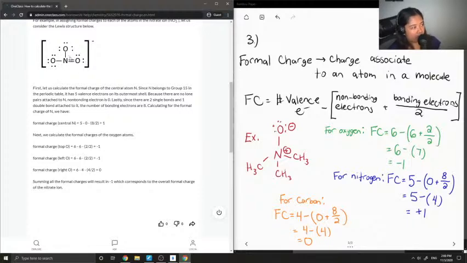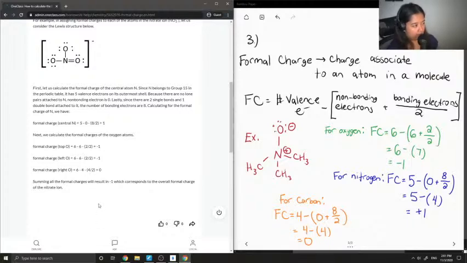But if you look at the oxygen on the right that has the double bond, it has only 4 electrons participating in the lone pairs, and it has a double bond, so there are 4 electrons involved, divided by 2, and this formal charge of the oxygen on the right will only equal 0.